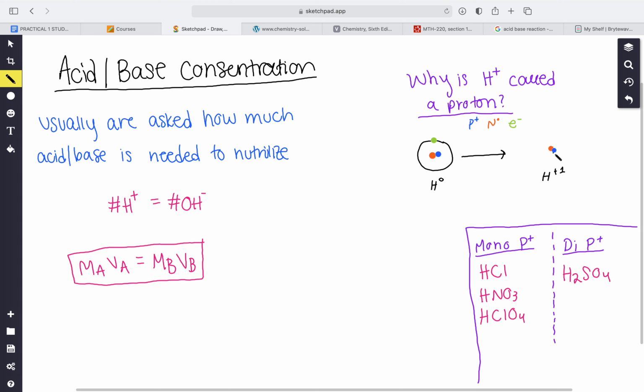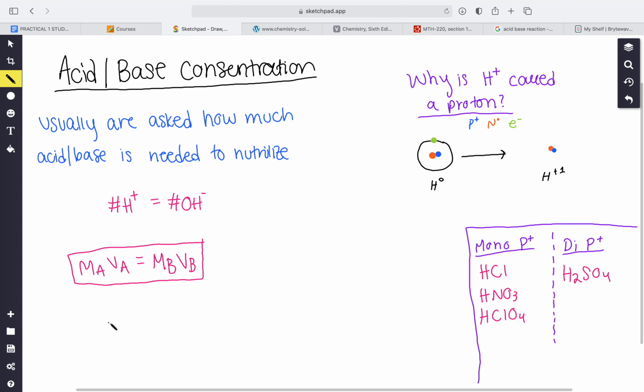So that's why we call these acids diprotic, and when we're talking about acid-base reactions, we say the base gained a proton, or the acid loses a proton. That's how we describe acids and bases, right?